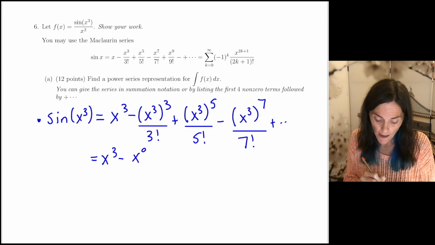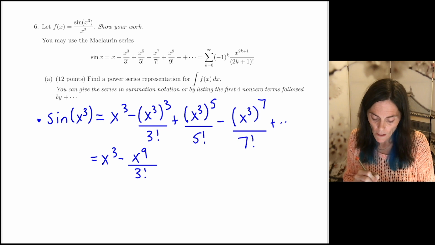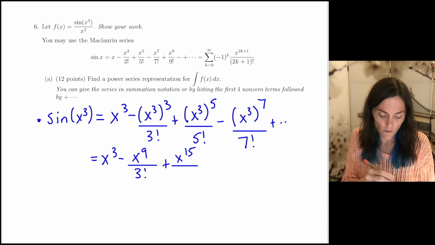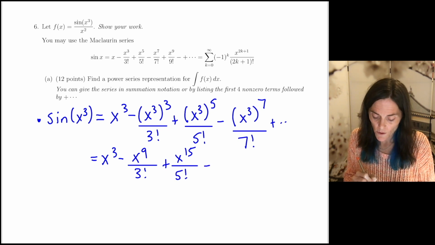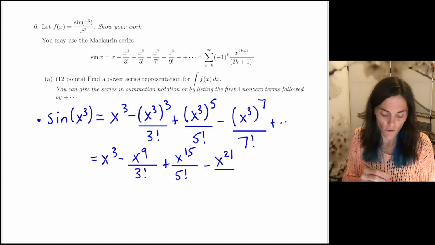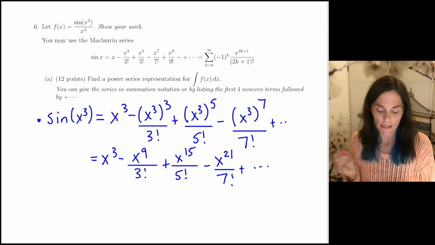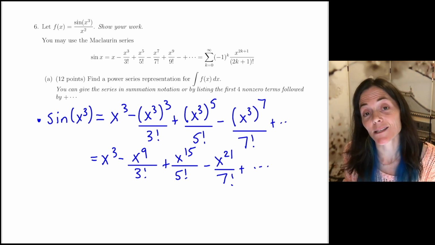This is x to the 9th over 3 factorial. This one is x to the 15th over 5 factorial. And then the final term, we have an x to the 21 over 7 factorial. And then it continues. So this is sine of x cubed.